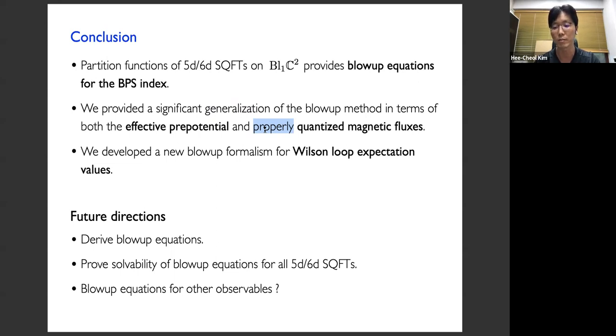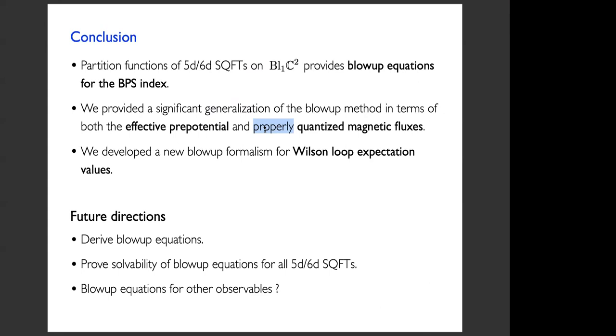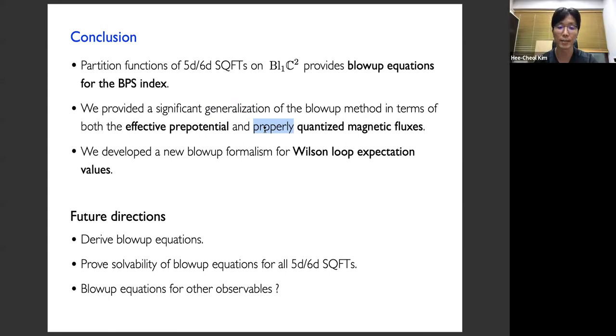So I think the global structure doesn't affect this kind of bare BPS spectrum. But I didn't check for all the series. So the equations are different, but the results are the same. Quite interesting.